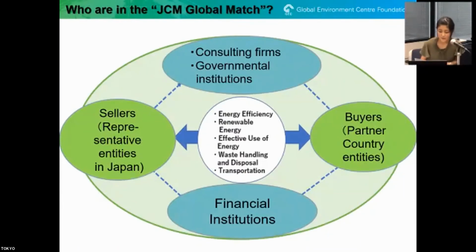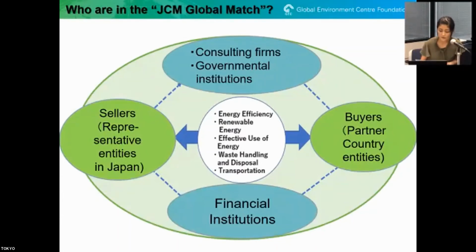In this matchmaking website, the registrants will be sorted into one of 4 categories: sellers, buyers, consulting firms, or financial institutions. Sellers indicate Japanese entities, and buyers indicate JCM partner country entities. Consulting firms and financial institutions are often essential in successful JCM projects.